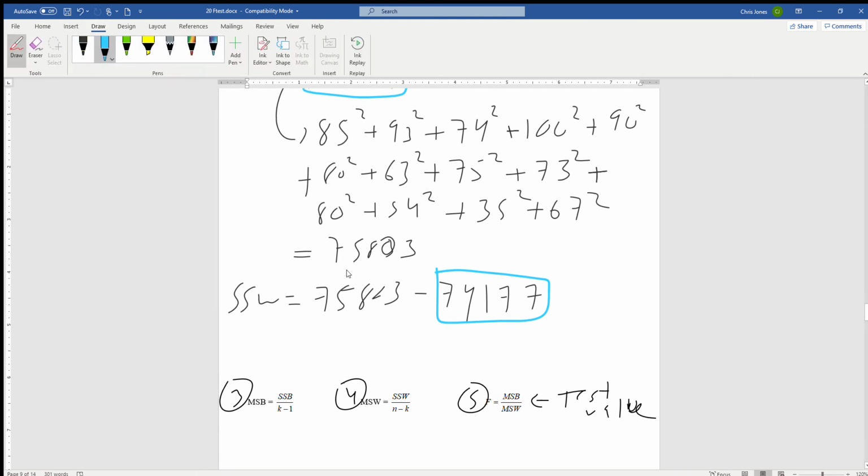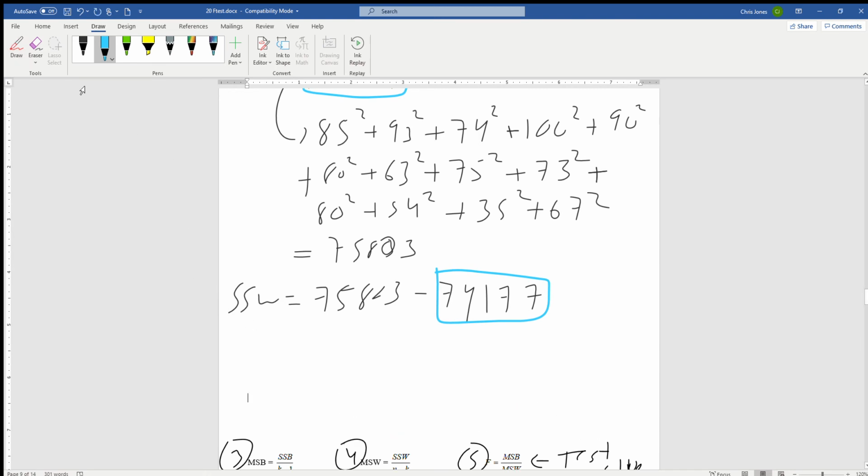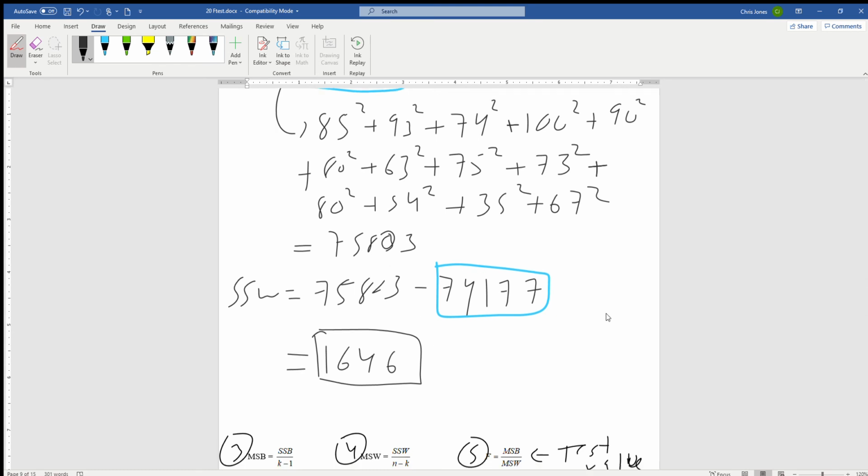When we subtract these, we should get a fairly tame number. So I'm going to punch that in really quickly. 75823 minus 74177, and I end up with 1646 as my SSW. Essentially we're done now, because all we have to do is find the MSB, MSW, and then the F statistic.